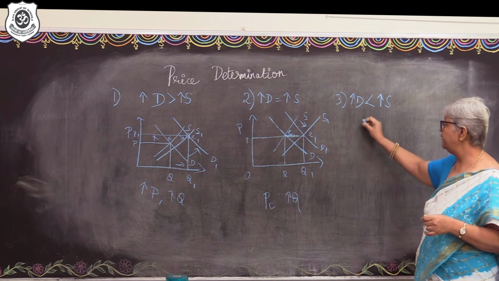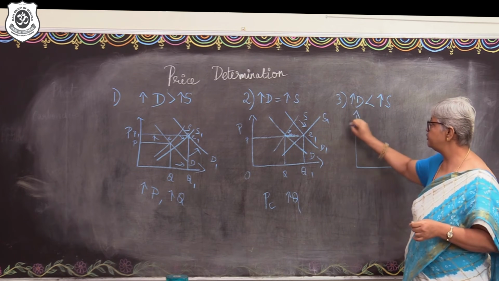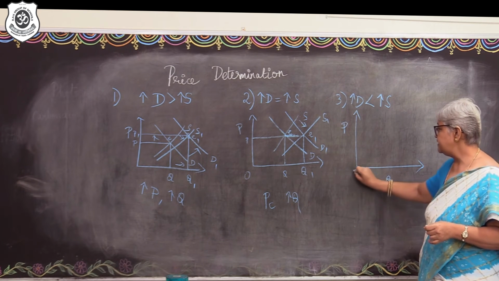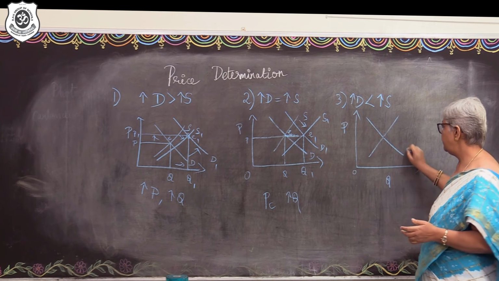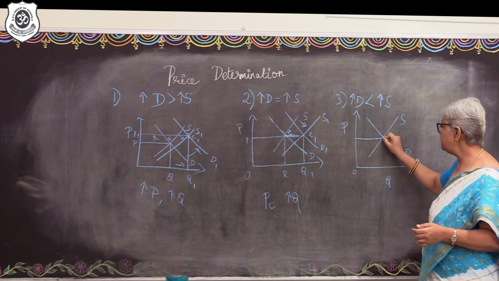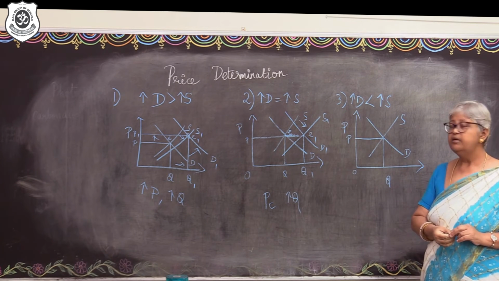What about the third one? So let's try and understand that through a diagram. So, measuring the price and the output along the y and the x axis, the market equilibrium is attained when the quantity demanded is equal to the quantity supplied at some specific price level P. Fine.